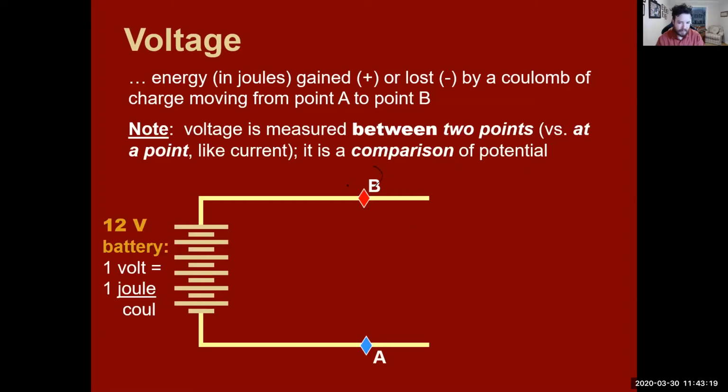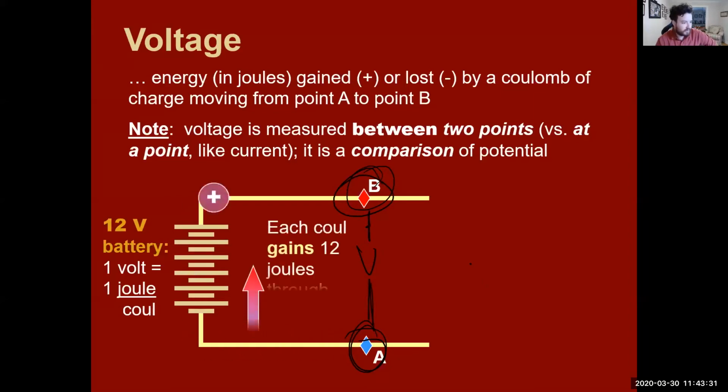We're comparing point B to point A and point A to point B. So we would take a voltmeter and stick it between these 2 points. You would take your 2 leads and put them on opposite sides of what is being read, but the current is not traveling through it. If you were to have an amp meter, it would go right here.